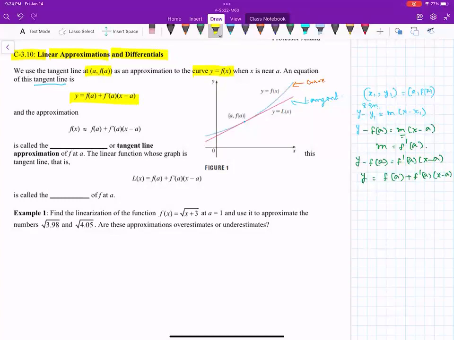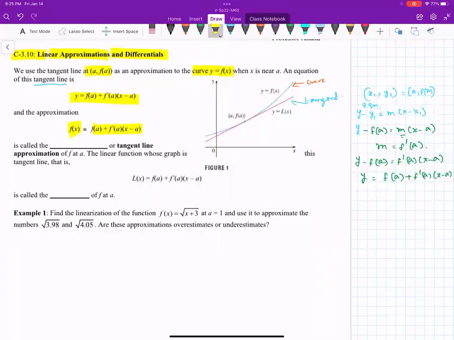And the approximation: f(x) is approximately equal to the value of the function on the tangent line.